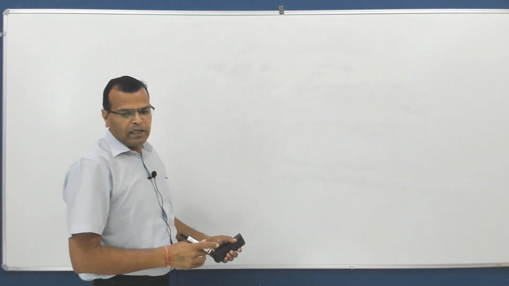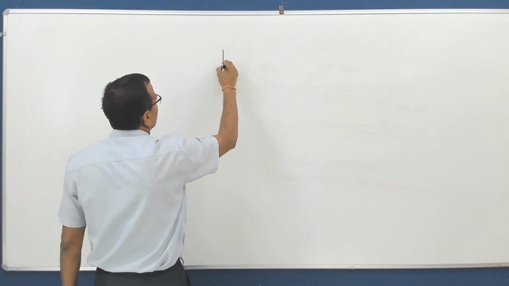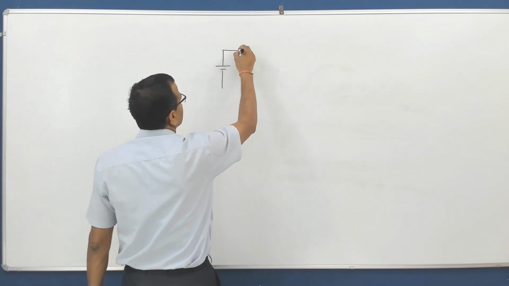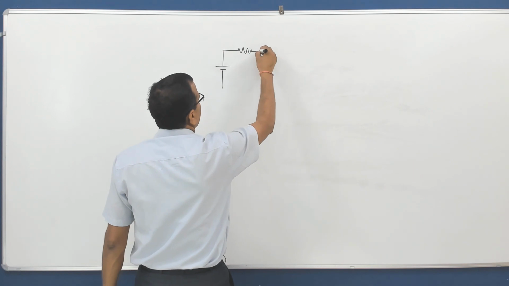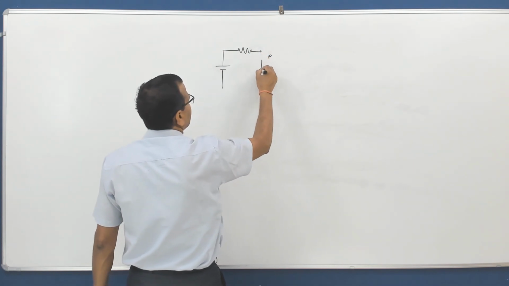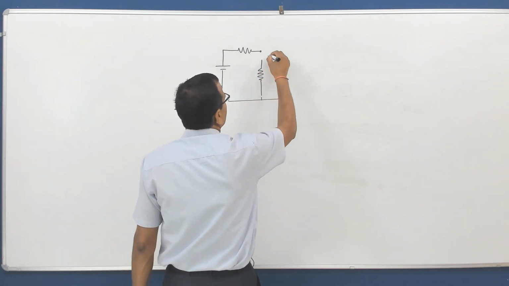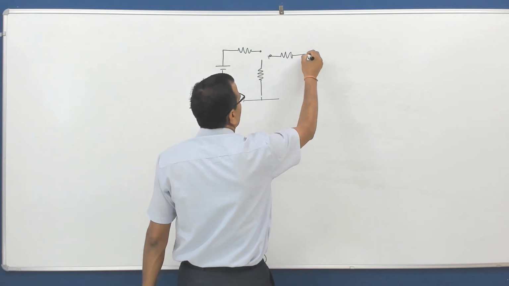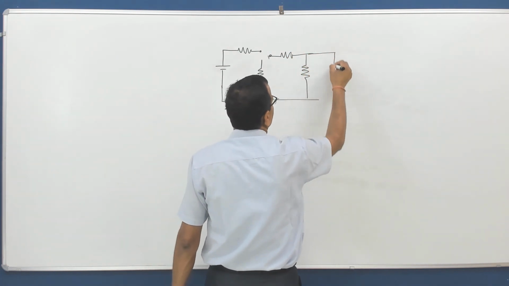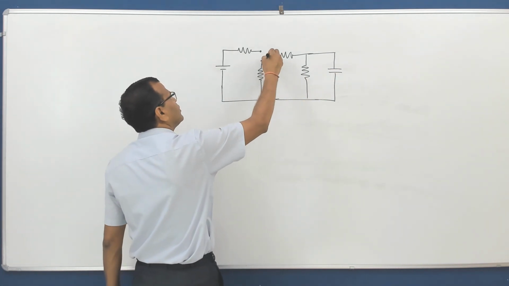There is a circuit with a DC voltage source, a resistance, a switch, then a resistance like this, then another resistance, and a capacitor like this. This is the circuit.